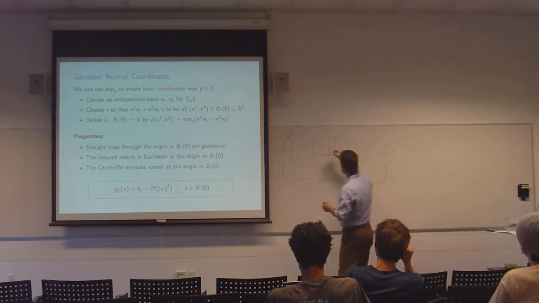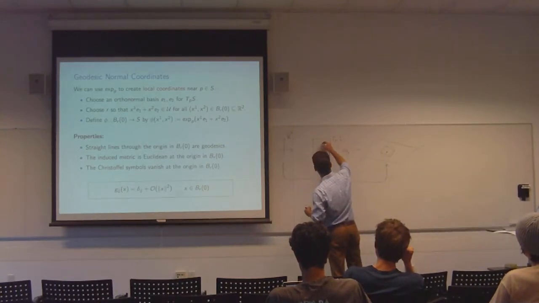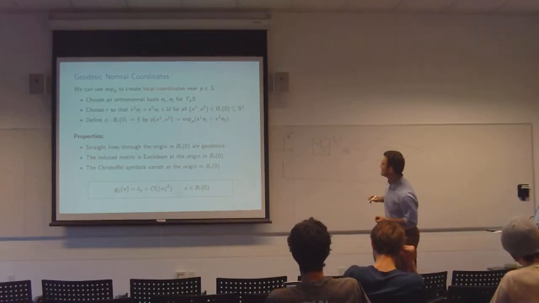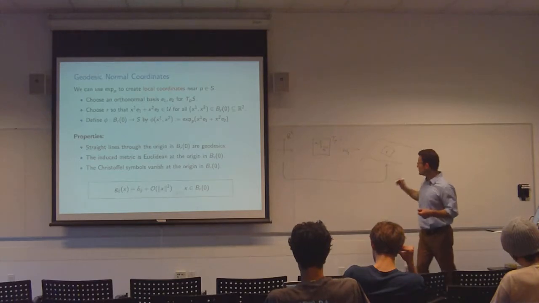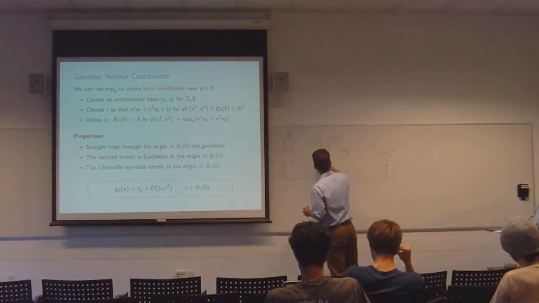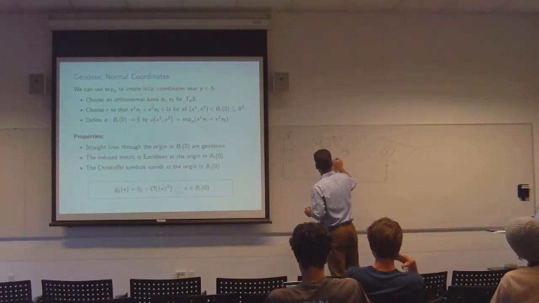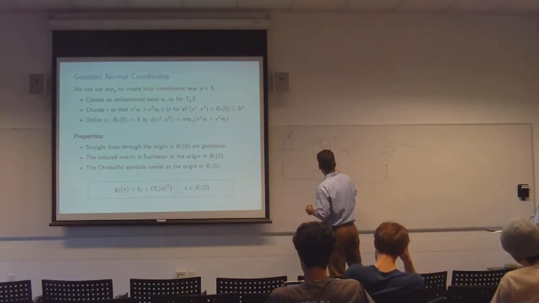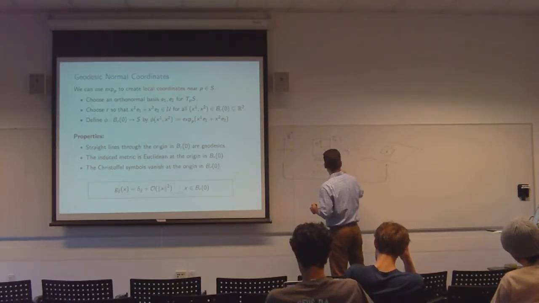So what we do is we choose a basis here, so E1 and E2. So you have E1, E2 belonging to the tangent space at P. And without loss of generality, we can say that this basis is orthonormal.